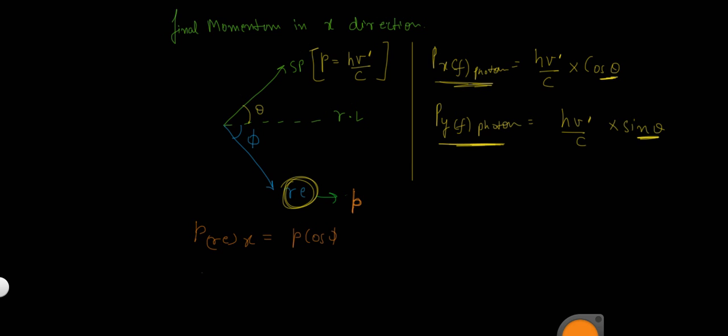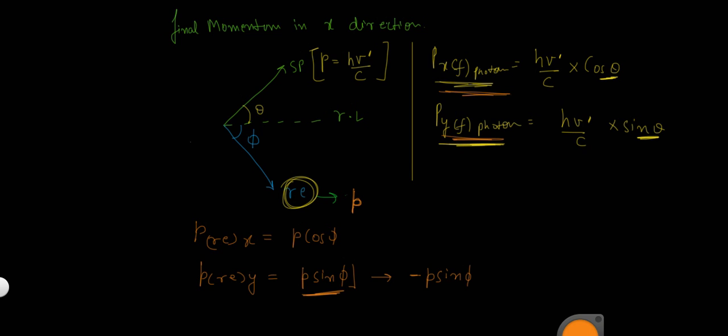Keep in mind that I'm writing the magnitude here, without the sign, and also in the case of the recoil electron I'm writing the momentum magnitude. So p of recoil electron in y is equal to p sine phi. Now with sign, if I had to write, I would write it as minus p sine phi.